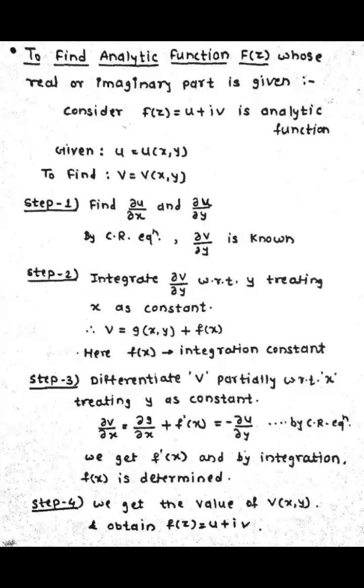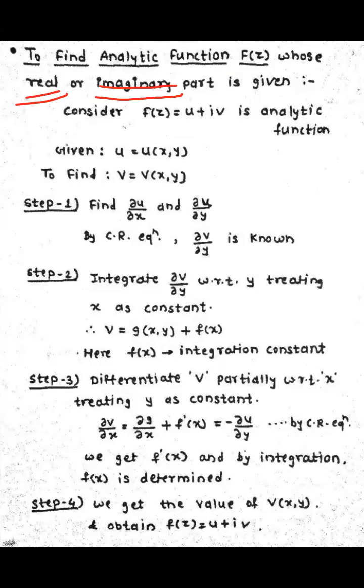So after knowing about the analytic function and CR equation, the next point is to find the analytic function f(z) whose real or imaginary part is given. So the next point is that we have to find f(z) just by being given information about the real part, that is the u function, or the imaginary part, that is the v function.